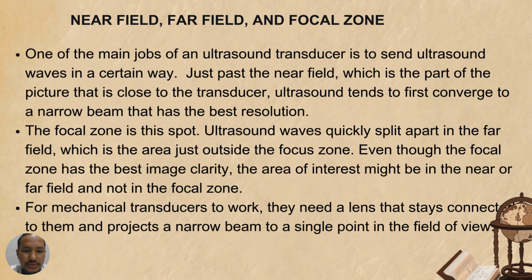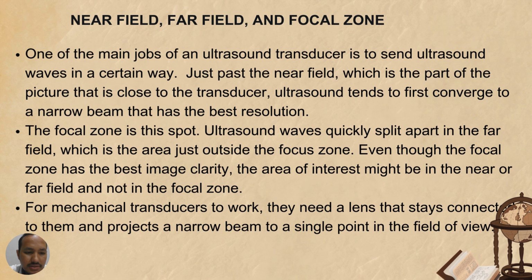Ultrasound tends to first converge to a narrow beam that has the best resolution. The focal zone is this spot. Ultrasound waves quickly split apart into the far field, which is the area just outside the focus zone, even though the focus zone has the best image clarity. The area of interest may be in the near or far field and not in the focus zone.